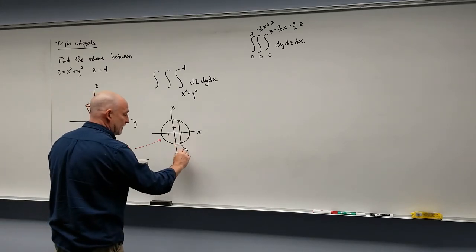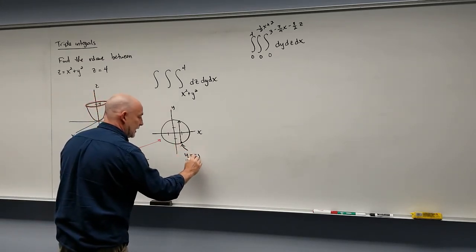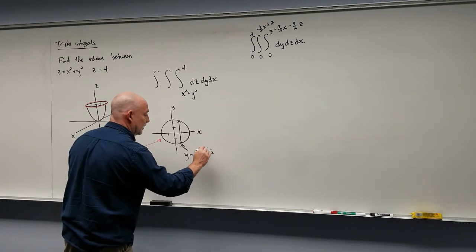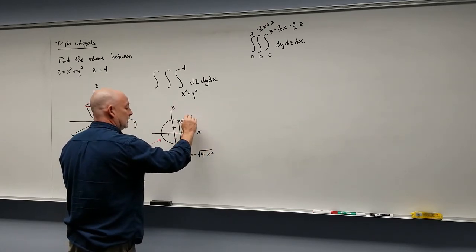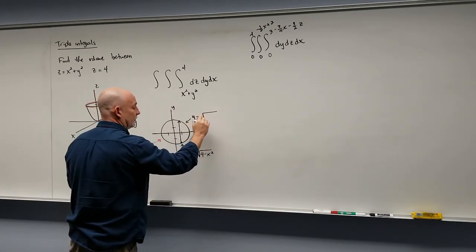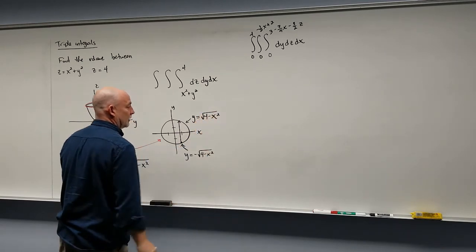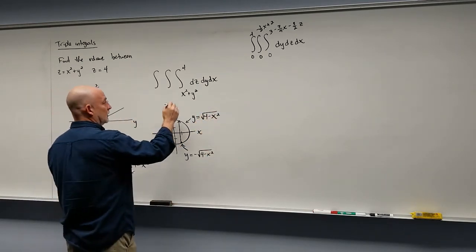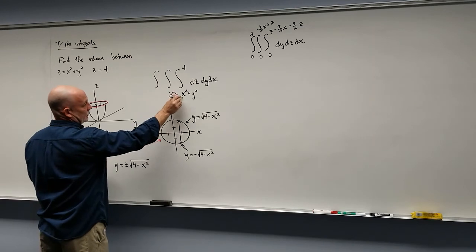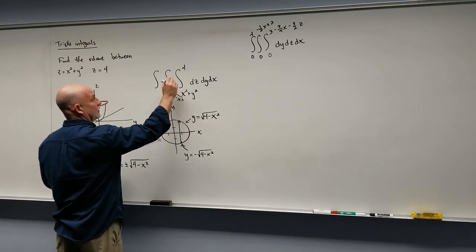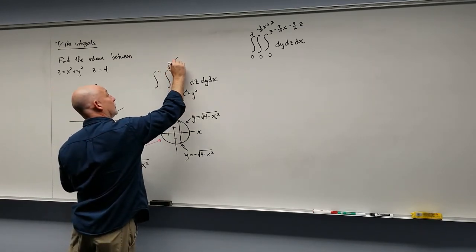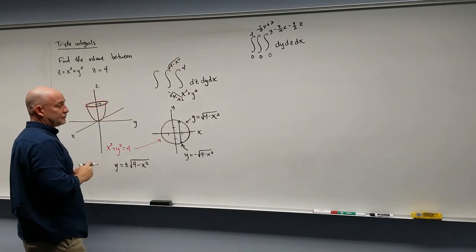The bottom is y equals negative square root of 4 minus x squared, and the top is y equals the positive square root of 4 minus x squared. So in this region it's going to be messy. That's what y runs from.